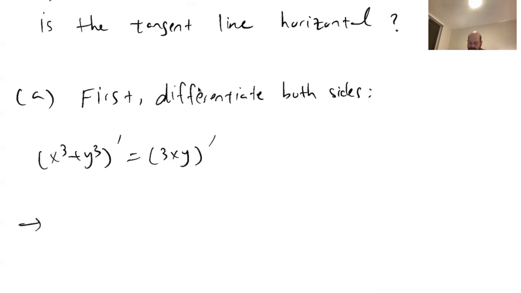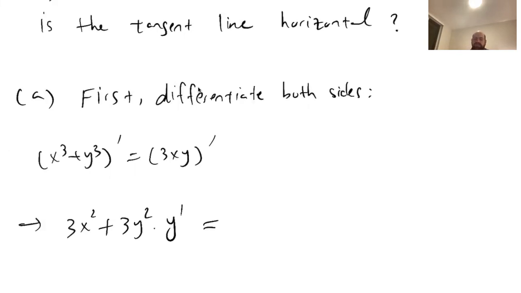Now what is the derivative of x cubed? It is 3x squared. The derivative of y cubed is 3y squared times y prime. The derivative of terms containing y is the usual derivative times y prime, according to the chain rule. So this is the derivative of the left-hand side.